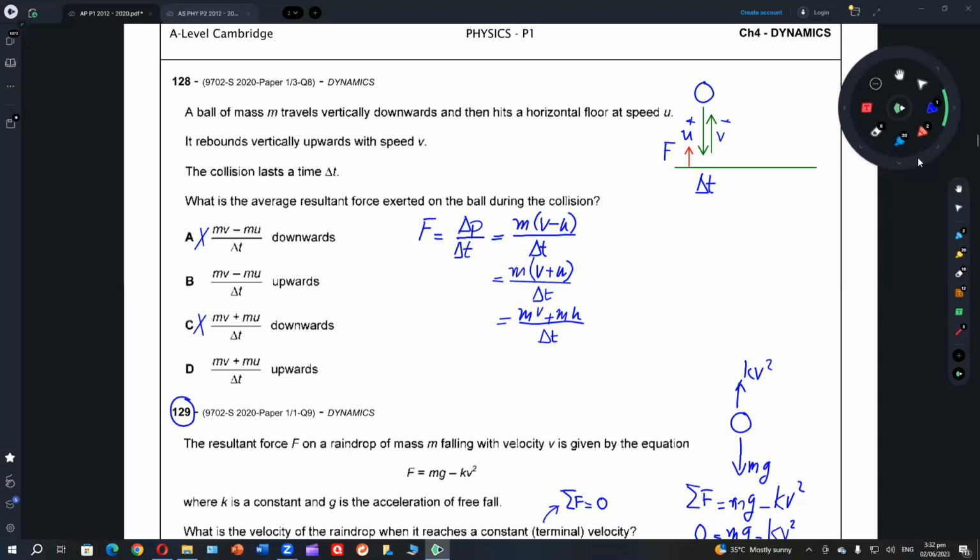Why did it change from v minus u to v plus u? Because the direction is reversed. When direction reverses, velocity as a vector will change its sign. So what answer should I select? D.